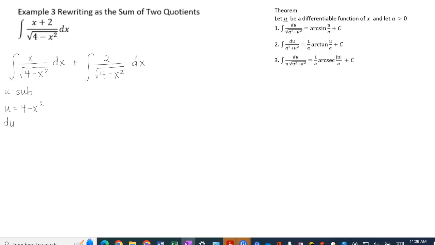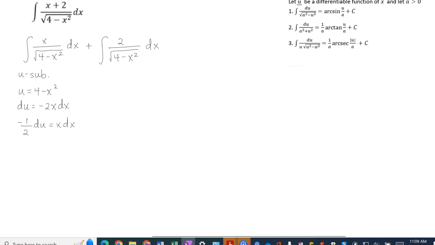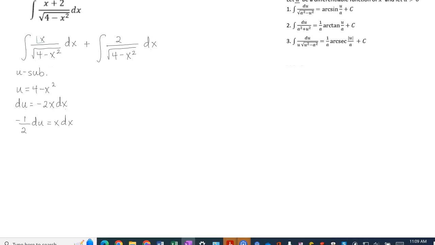That would suggest that when we take du, we'll drop down to an exponent of 1, meaning that I could pick up the x that's in the numerator, because I could solve for x dx and then be able to do my substitution. So this x dx that's in the numerator will be replaced by a negative 1/2 du.